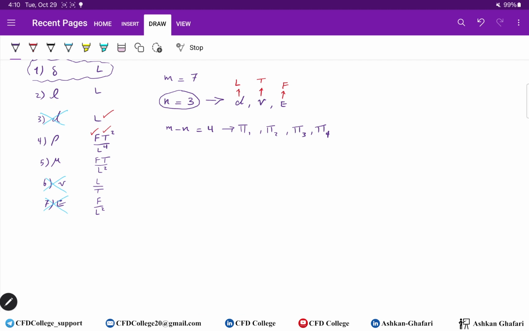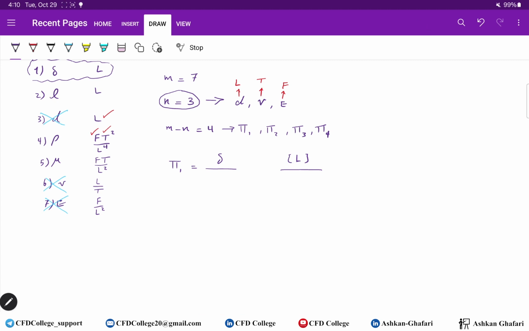Okay. Delta, L, rho, and viscosity. We start from delta. So pi 1 equals delta, and here you should write the unit, which is length.